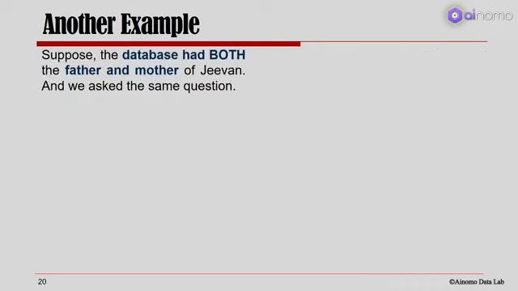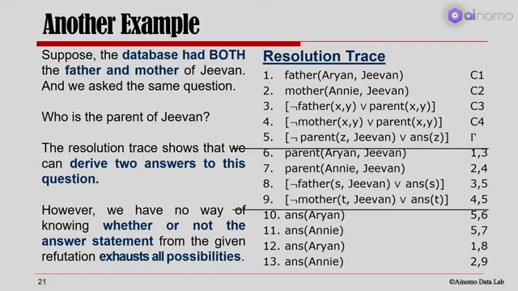Suppose the database had both the father and the mother of Jivan, and we ask the same question: who is the parent of Jivan? In such a case, the resolution trace, if we see here, can derive two answers to this question. One, if I have a fact that Annie is the mother of Jivan, and another that Aryan is the father of Jivan, I could have an answer that says Aryan, and I could equally have an answer that says Annie.